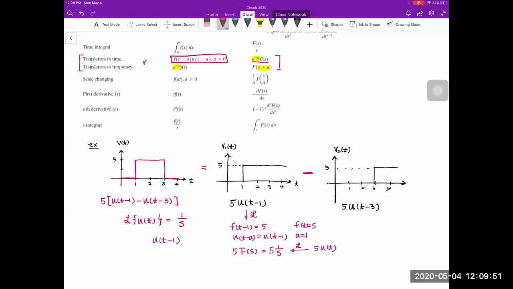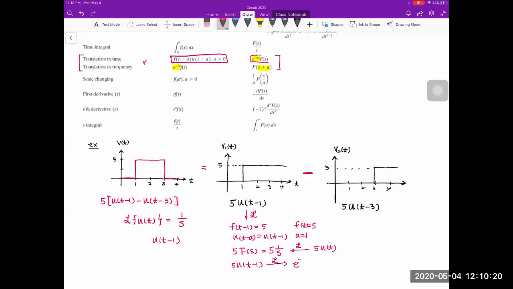But how do you deal with the u(t minus 1)? Well, then you look at the translation. When you have a translation, you multiply by e to the minus a s. So if you have 5 u(t minus 1) and you do the Laplace transform, you multiply by e to the minus a s.